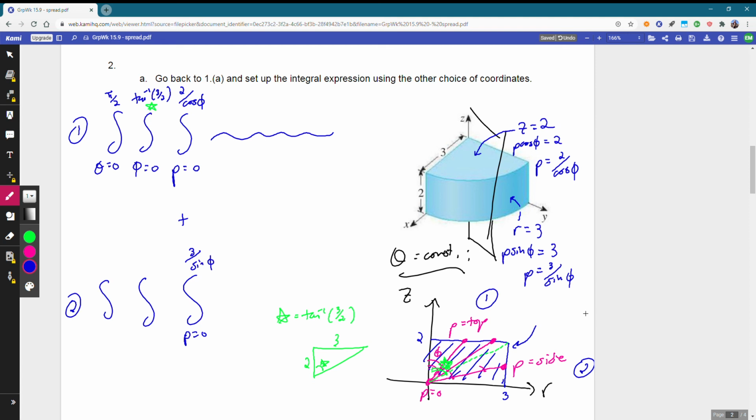Now, for what phis are we doing this for? Well, we're starting at the green star angle and then increasing that angle, increasing phi until we get to pi over 2. So starting at inverse tangent of 3/2, right, that's our green star angle, and then moving up to pi over 2.